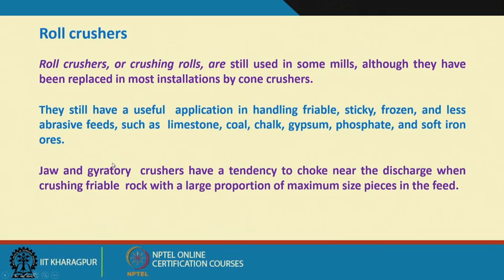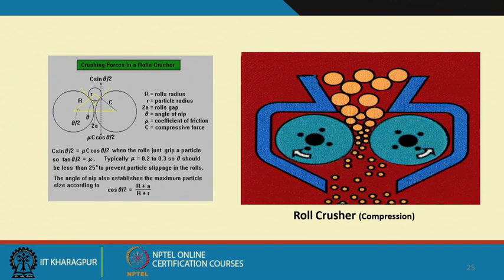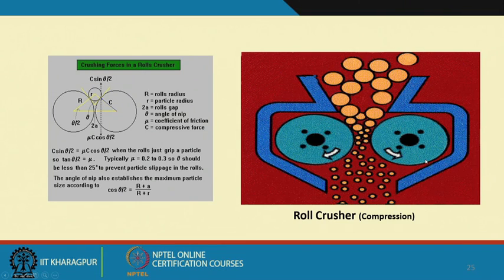Then there is another group of crushers, these secondary crushers, called roll crushers. How does it work? I will show this animation first. This is a double roll crusher; you can also have a single roll crusher, where one roll is fixed and the other is moving. The double roll crusher has two rolls moving in opposite directions.